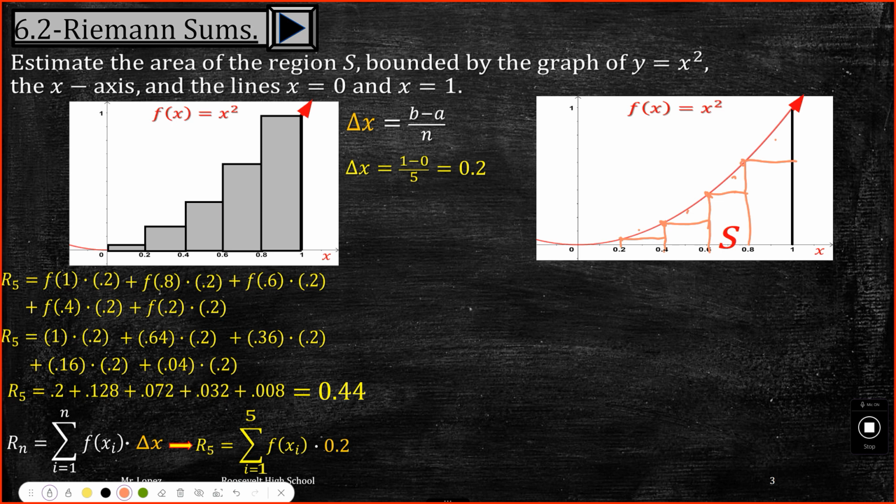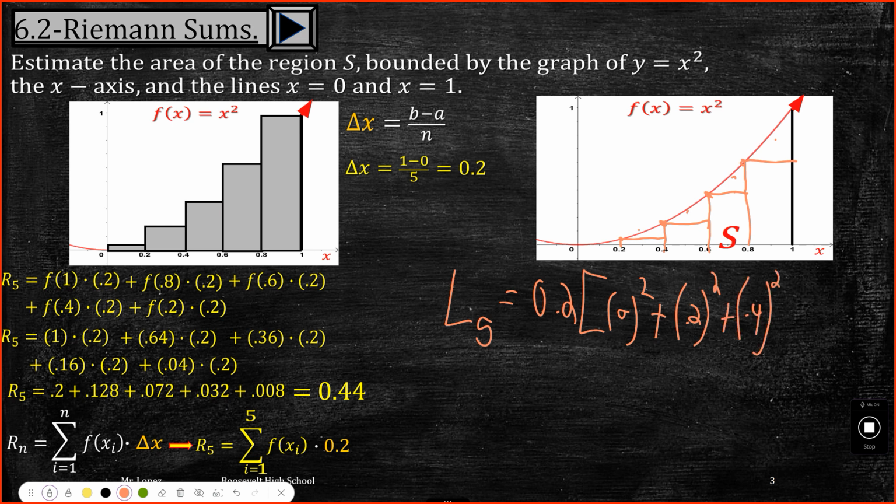So the left 5 Riemann sum will be, the width is the same, so let me factor out 0.2 times f of 0, 0 squared plus 0.2 squared plus 0.4 squared plus 0.6 squared plus 0.8 squared.